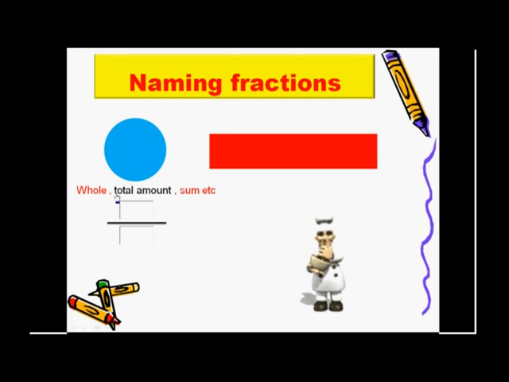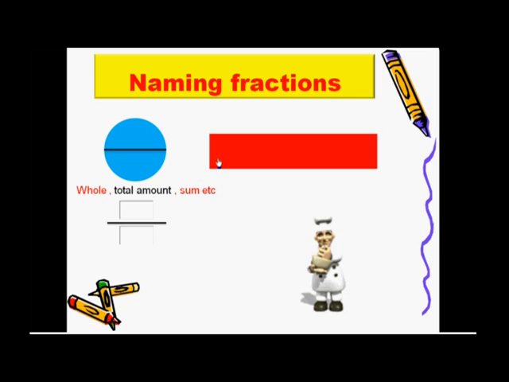One whole can be equal to the total amount of pieces, persons, money, total amount of anything. And of course, we could use another word, what? Sum.